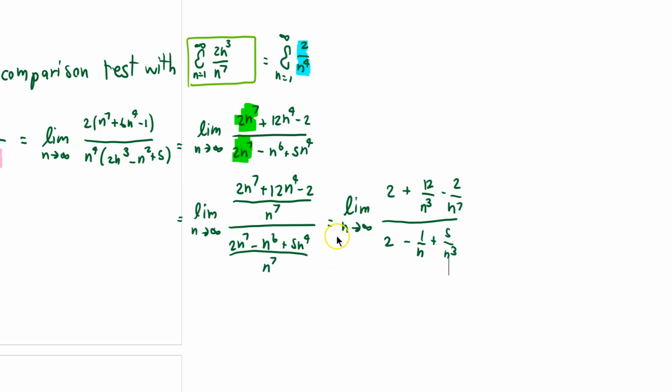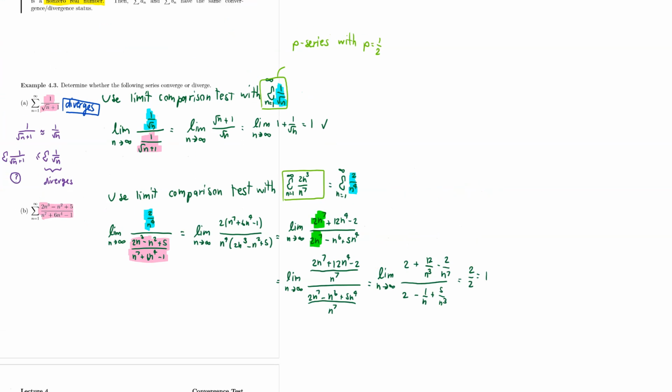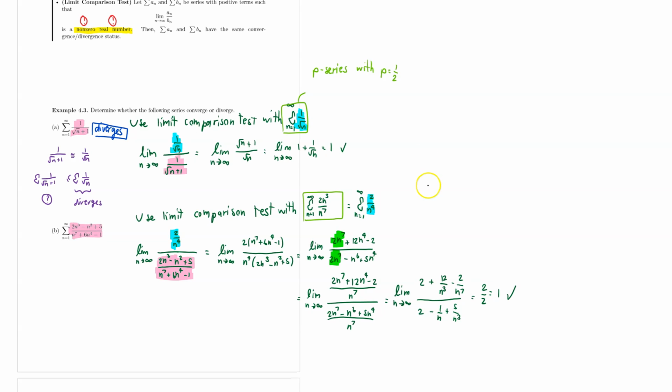And when n gets really large, 12 over n cubed is going to be 0, 2 over n to the 7 is going to be 0, 1 over n, 5 over n cubed, these are going to be 0, so I'm going to end up only with 2 over 2, and that's going to be just 1. So that means this limit works because it is a non-zero real number.